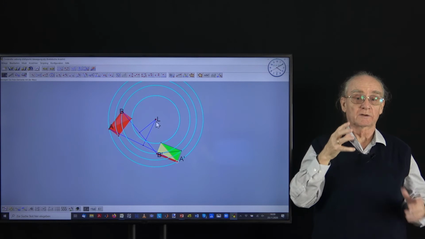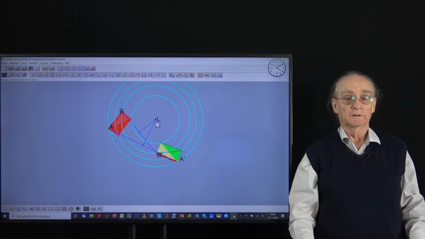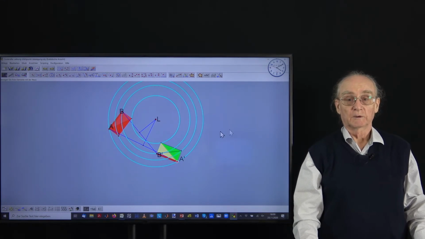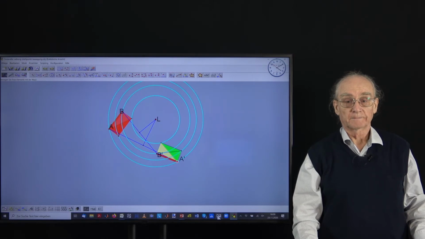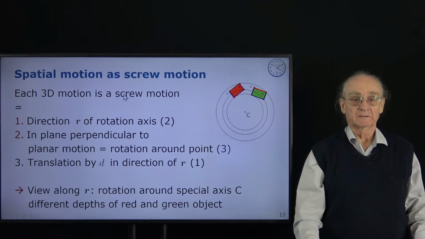So this is, so to say, the visualization of such a screw motion, which we can find for every arbitrary motion. So we have seen that every motion can be described as a screw motion.